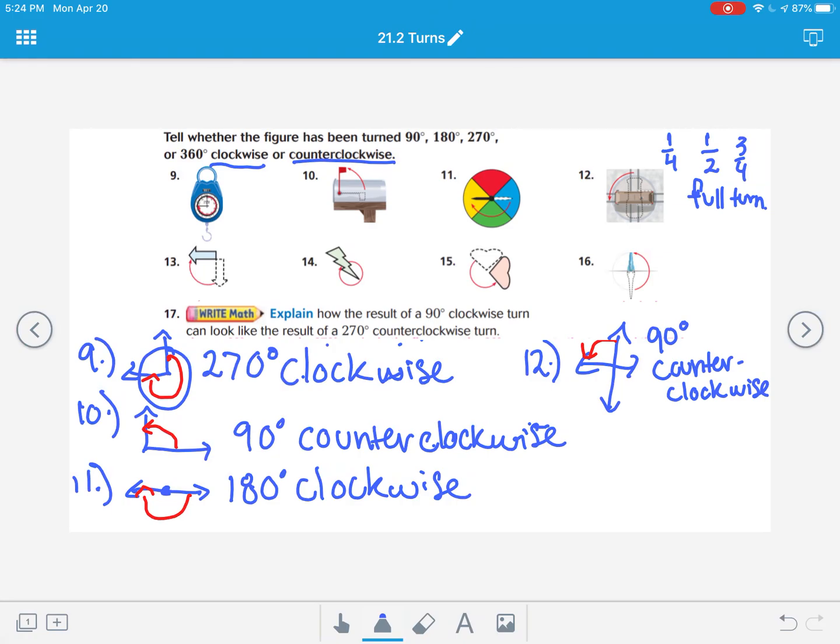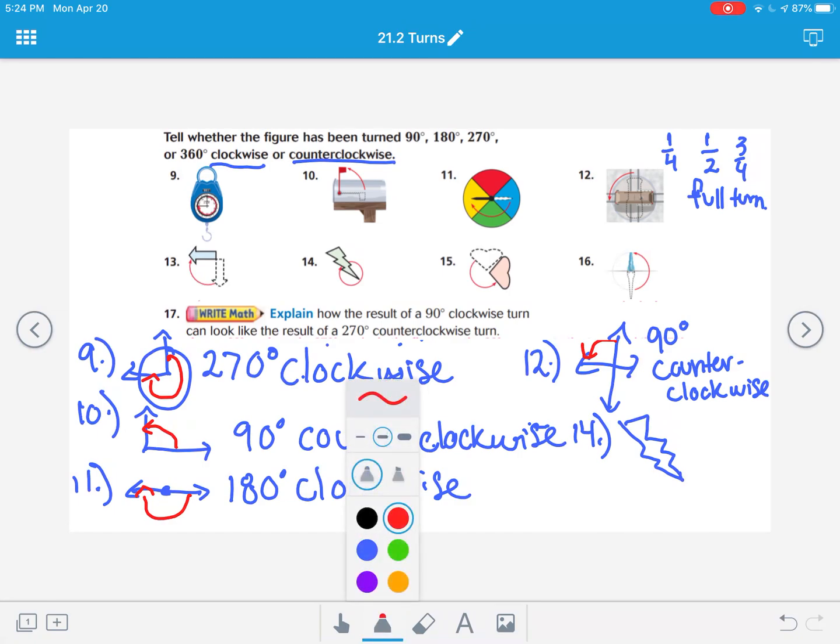All right, I'm going to skip number 13. Let's work on 14 and 15. Number 14, I see there is this lightning bolt. I'm going to do the best I can to draw that. If it's not perfect, please forgive me. So I see starting from one side of the lightning bolt, moving all the way around back to the other side.